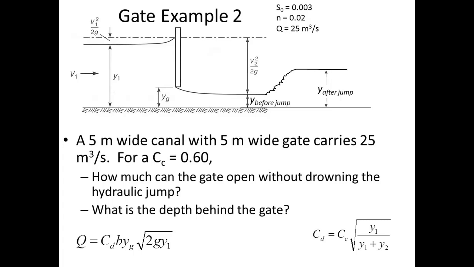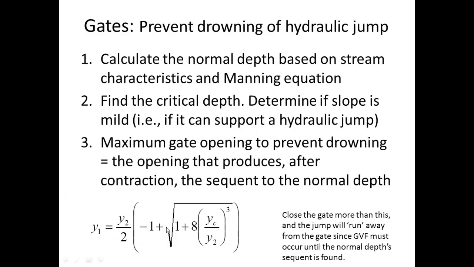And then in the second step, find the critical depth. And the critical depth, since this is rectangular, can be found with the equation y sub c is flow per unit width squared divided by g to the 1/3 power. So that's the second step. And then the maximum gate opening we calculate by setting the depth at 1 before the jump equal to the hydraulic jump equation we had here.